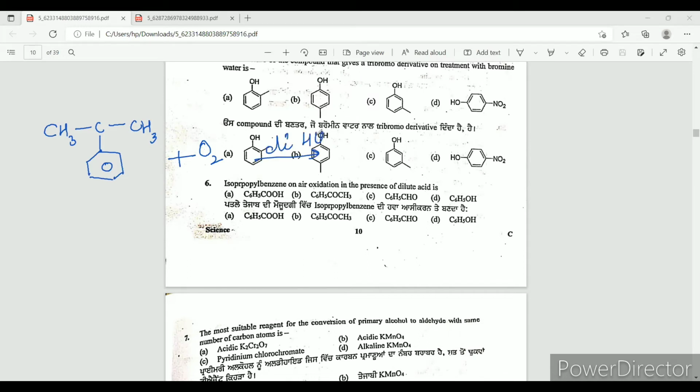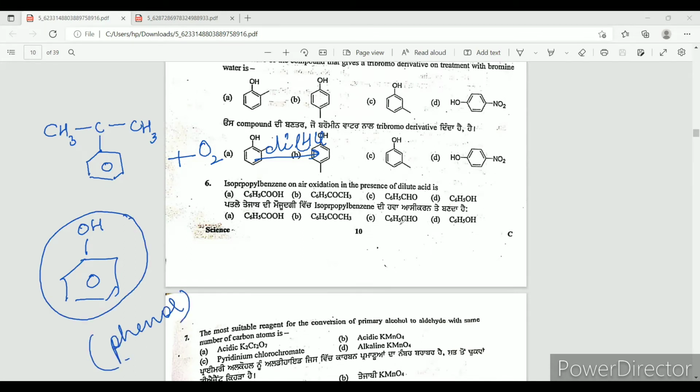Dilute HCl could be there. The answer would be phenol. This is phenol, that is C6H5OH. That means our answer is D. And this is a very important reaction. You can check in the books of +2, moreover in the BSc.